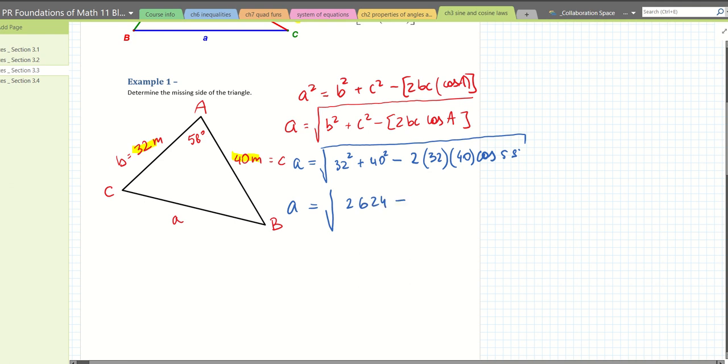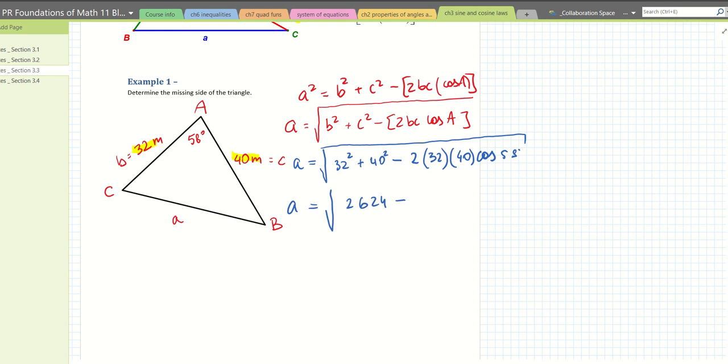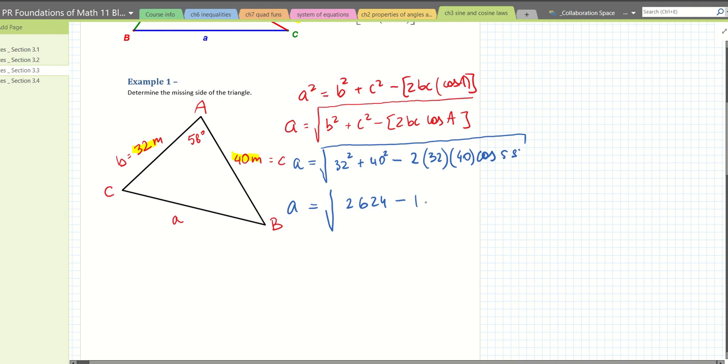Then I'm going to do 2 times 32 times 40 times the cosine of 58 degrees. And this gives me 1,356.593316. So I'm going to keep a bunch of decimals. Normally you wouldn't do this step, you would do this on the calculator.